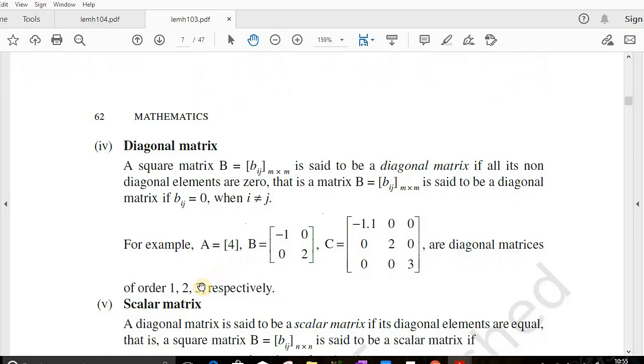Okay, so that is about the diagonal matrix. After the diagonal matrix comes the scalar matrix. The definition: a scalar matrix is a diagonal matrix whose diagonal elements are equal.